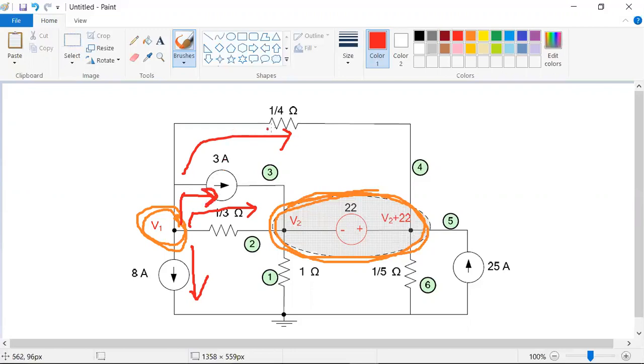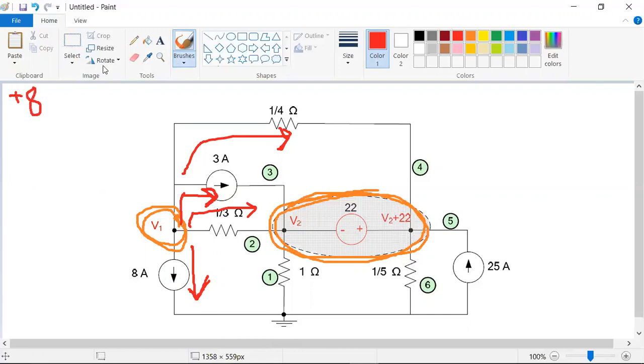This is 8 amps, so this is not an unknown current, it is a known current because 8 amps is already given. My assumed direction and the given direction are the same, so instead of the negative sign I write the positive sign. If the direction were opposite to my assumption, it would come into the negative category. Now I'm writing positive 8.